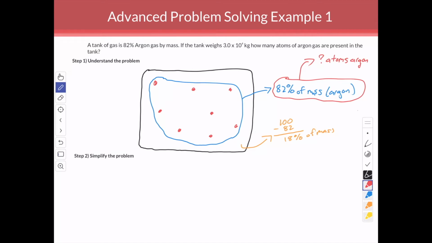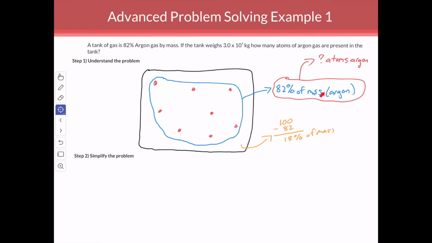So what I'm looking at is that I have a percentage and I have mass. And if I have mass of argon and I have to go to atoms of argon, it looks to me like I've got to do some calculations with moles, right? Because I'm going to need to use Avogadro's number.